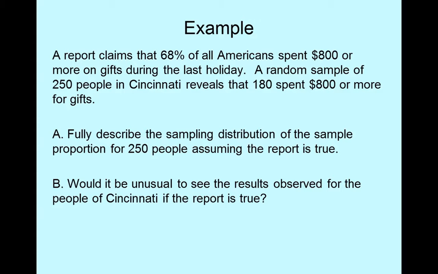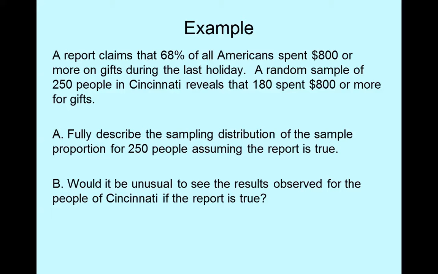Let's look at an example. A report claims that 68% of all Americans spent $800 or more on gifts during the last holiday season. A random sample of 250 people in Cincinnati reveals that 180 spent $800 or more for gifts. First, fully describe the sampling distribution of the sample proportion for samples of size 250 people at a time, assuming the report is true.